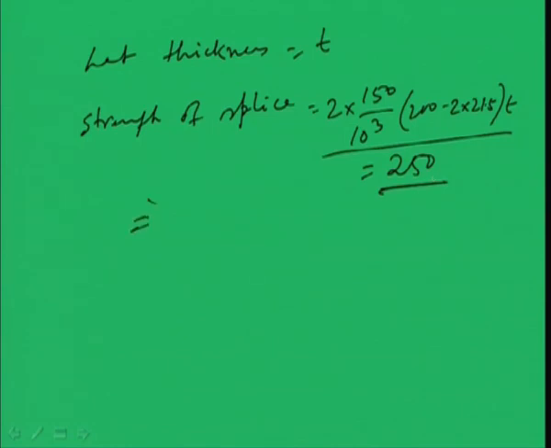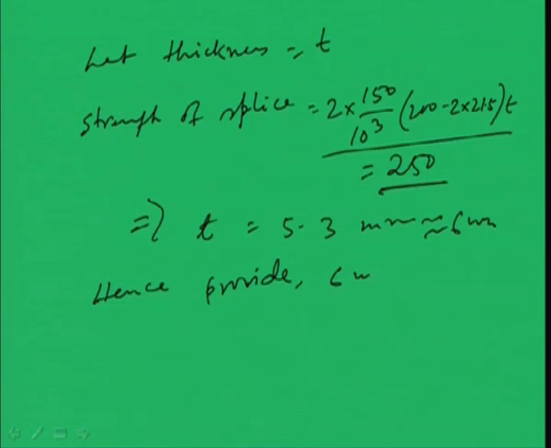So if we make equal, we will get T as 5.3 millimeter. That means we can use 6 mm. Okay. Hence in place of 10 mm, 6 mm thick tension splice can be provided. Okay.